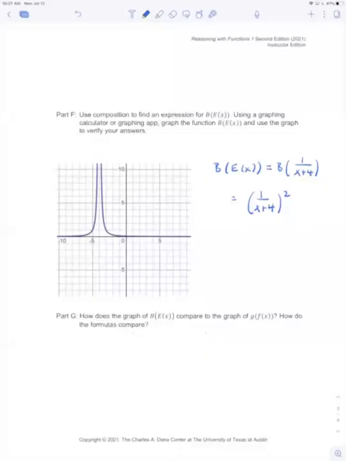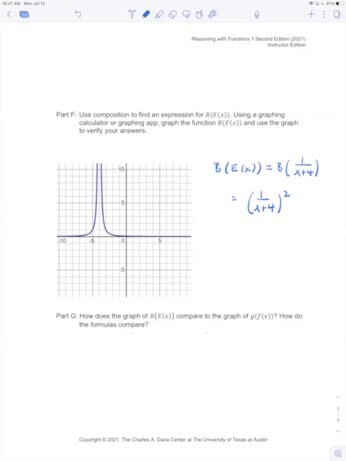So here we can see our expression for b of e of x is 1 over x plus 4, that entire quantity squared. And the graph shown here supports the answers we found in parts C, D, and E, meaning we have a vertical asymptote at x equals -4, a horizontal asymptote at y is equal to 0. So that looks good.